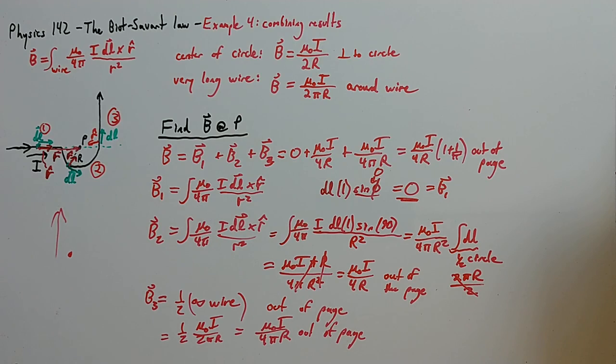So hopefully this shows you just a little bit. If you have a more complicated setup, use what you know, break it into smaller chunks, lines, circles, that kind of thing, and then you can use the fact that all of those magnetic fields combine together, a superposition of magnetic fields, you might say, to find the total magnetic field.